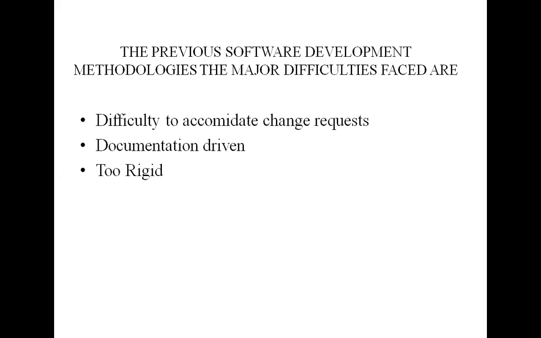Once a feature is added, we immediately release it to the customer, who uses the software and provides feedback. So these difficulties are addressed using the agile model. Now all the software companies use this agile model. This is a very important model.